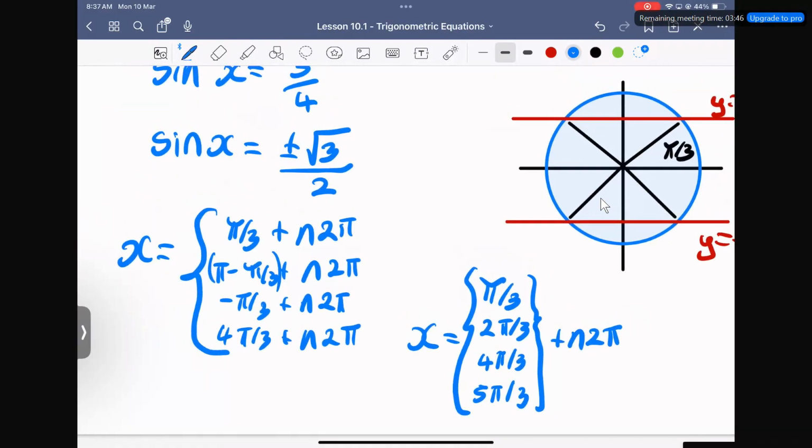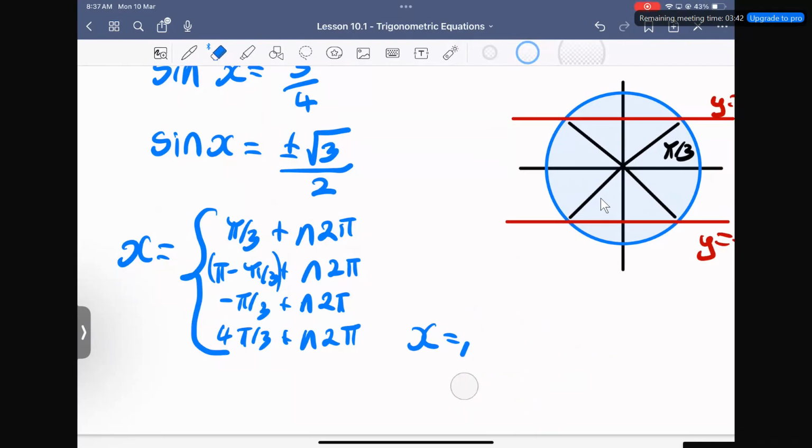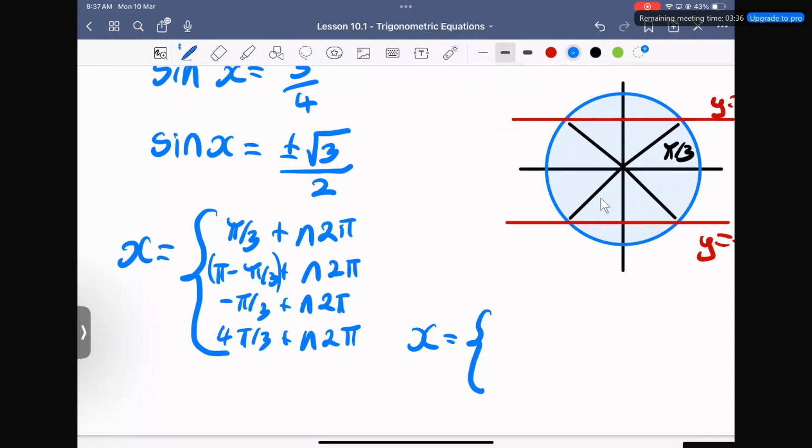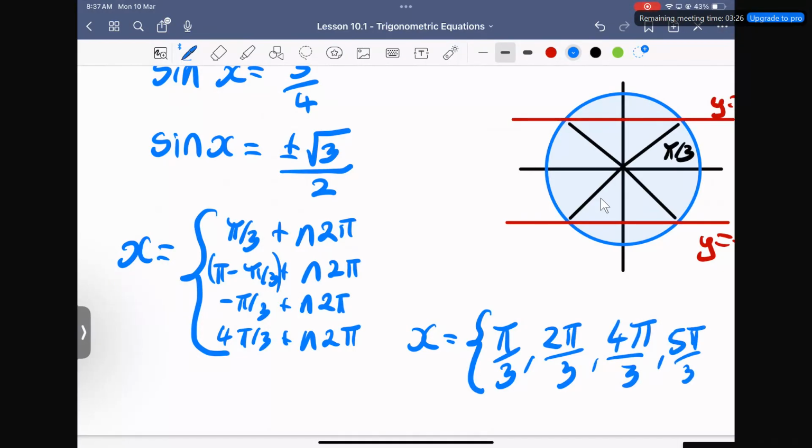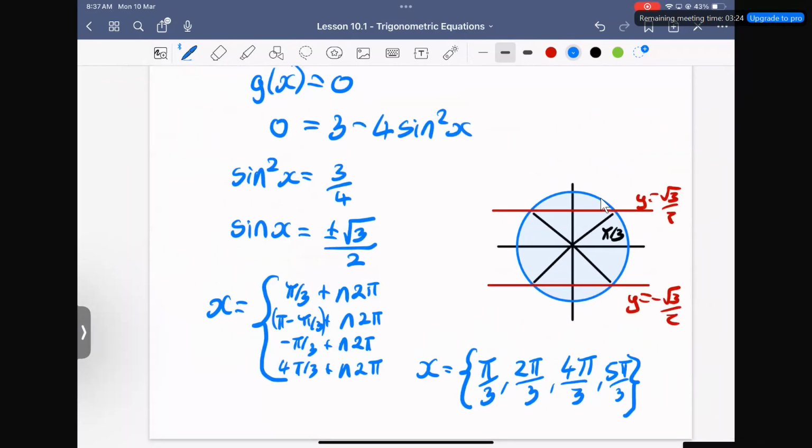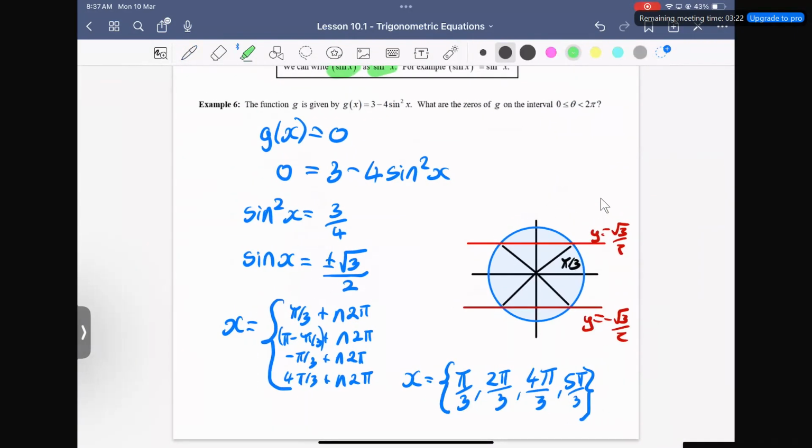Oh, sorry, we don't need the n 2 pi. That's right. Let me write this as a set. So we want for our answers pi over 3, 2 pi over 3, 4 pi over 3, 5 pi over 3. You can't have the negative because the restriction was set from 0 to 2 pi.